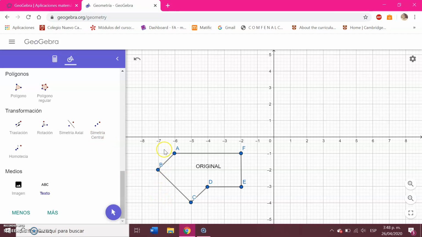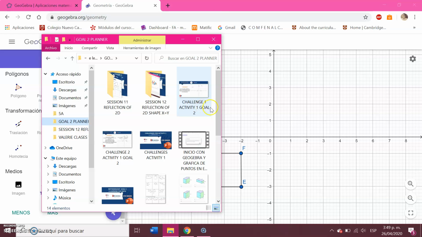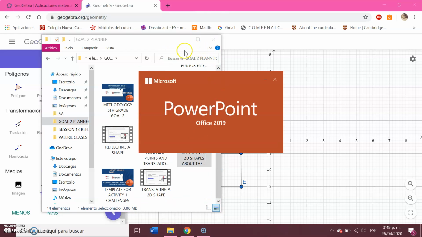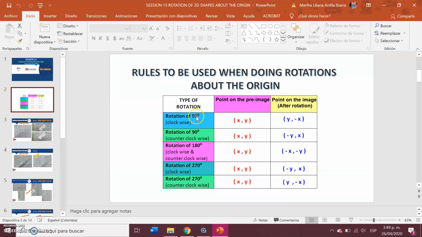Now I'm going to use the rules. Let me look for the rules here really quick. It is in section 13, the rules. In the presentation you have the rules. So I'm working on this kind of rotation of 90 degrees clockwise.